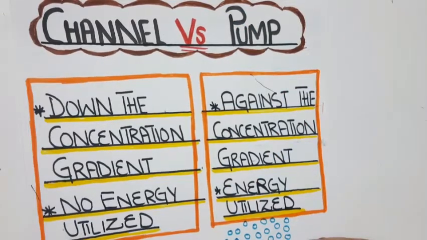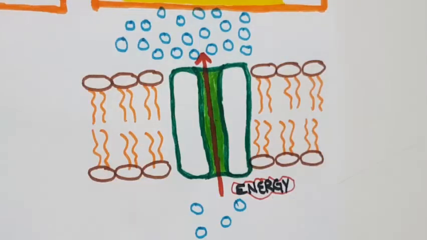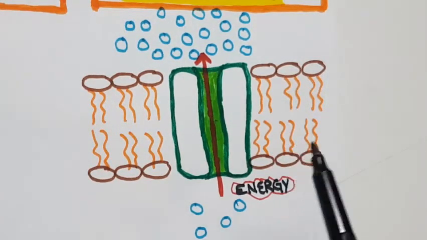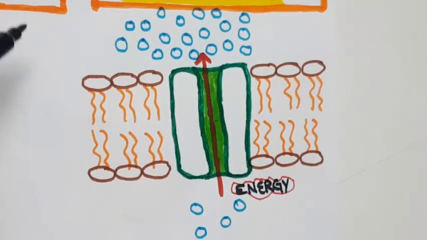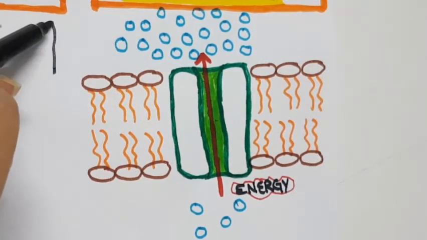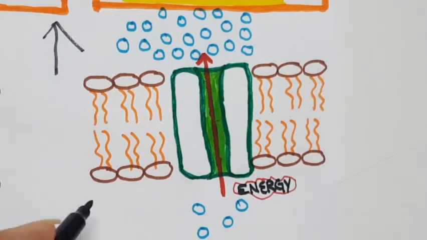A pump is a transmembrane protein that moves molecules or ions against the concentration gradient by utilizing energy. This diagram shows the lipid bilayer and the protein functioning as a pump. On this side the ions are in greater concentration, and on this side low concentration.